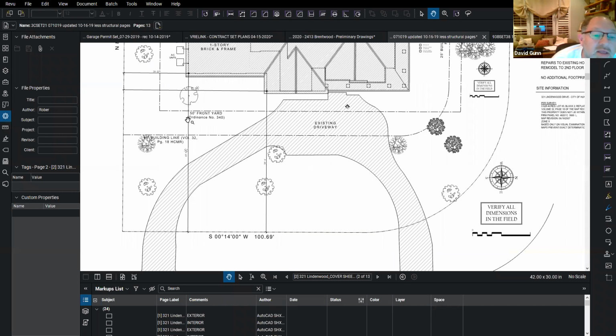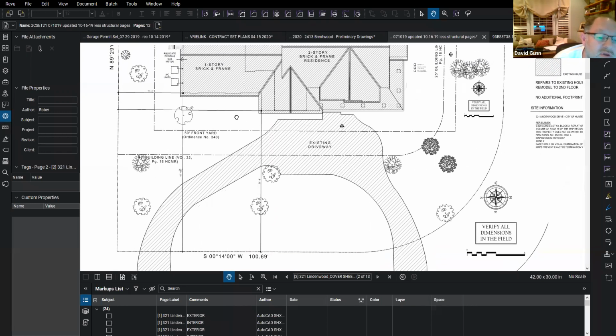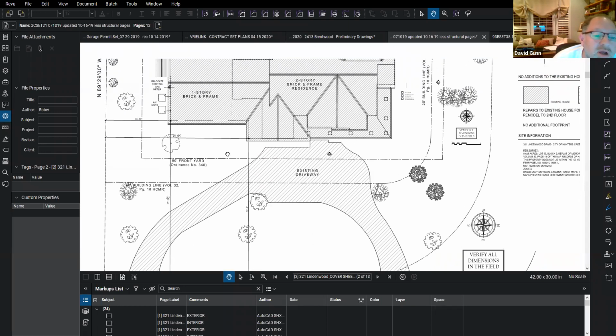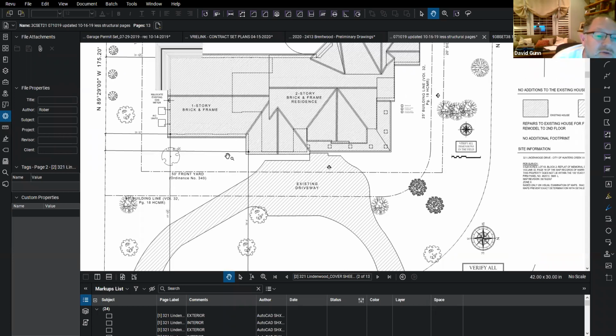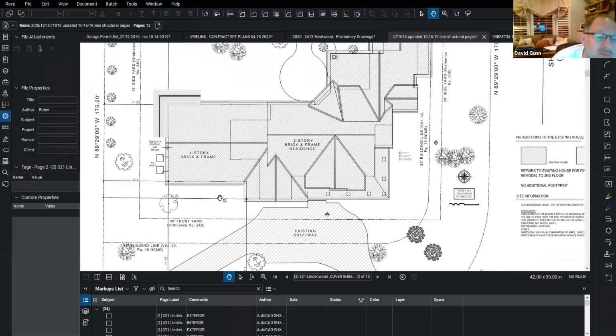It's handy. They show us where the front yard, this is probably a setback line, 50-foot front setback line to this, that the house must sit behind. Again, when we're laying out, if this was a new house, that would be important to make sure that we're not pushing the house too far out of bounds for what that neighborhood or city requires.